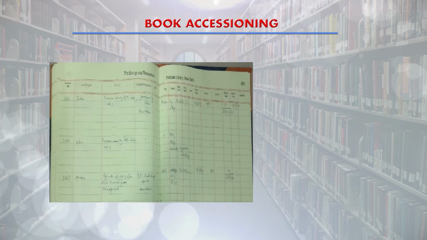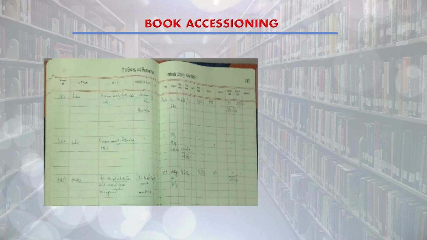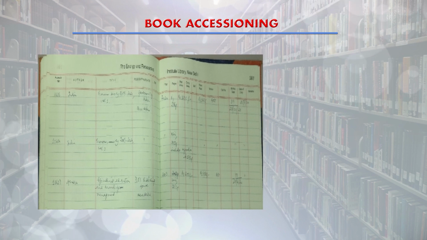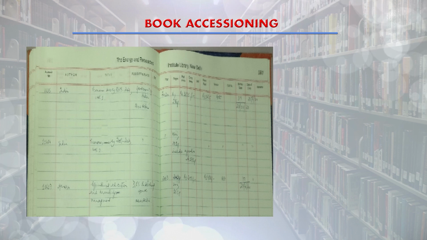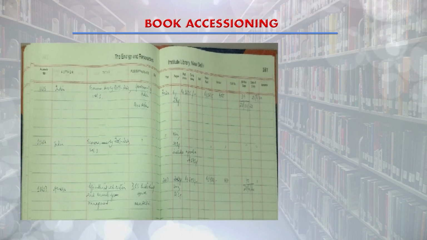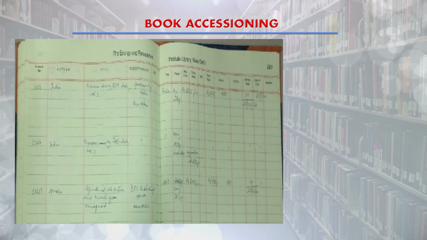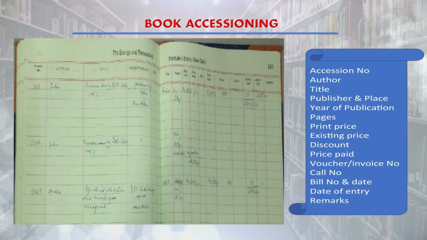Now, in Terry library, you can see that this is the hard copy registration we maintain, as well as a soft copy in the form of documentation in our library. So there has to be an accession number, then author, title of the book, then publisher and place, year of publication, pages, then printed price and existing price.